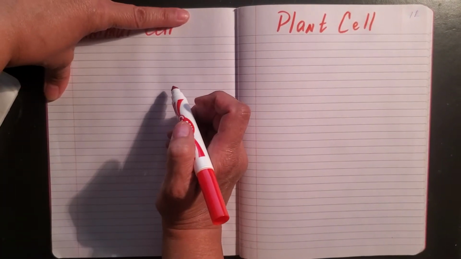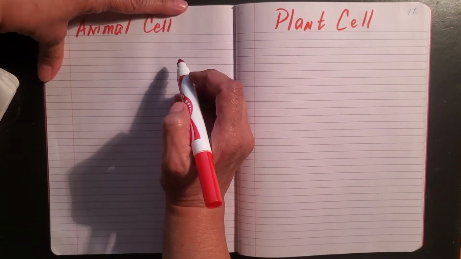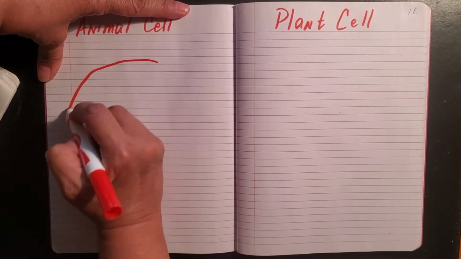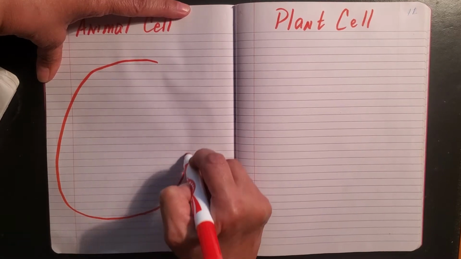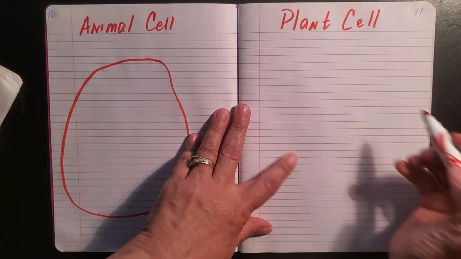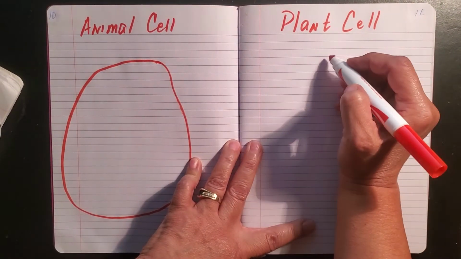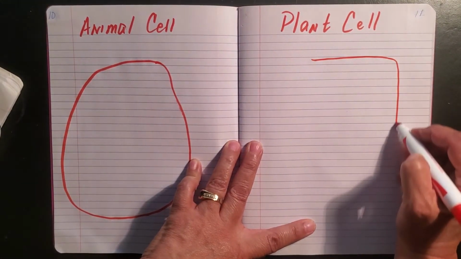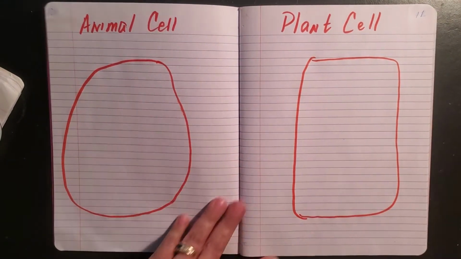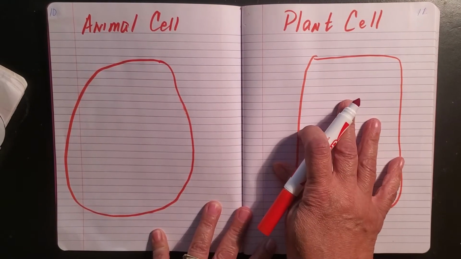I've even seen on some of the tests that the district gives us that they show a cell that looks kind of rounded, and they expect you to know that that is an animal cell. So here's my cell membrane for my animal cell. And plant cells usually are shown as kind of rectangular. I'm going to follow that example because I've seen them test it like that. So animal cell, plant cell.